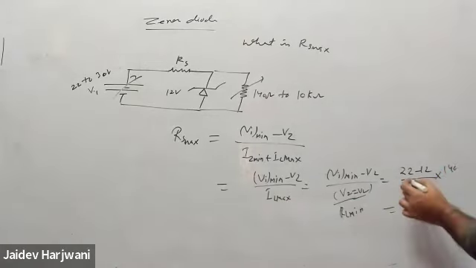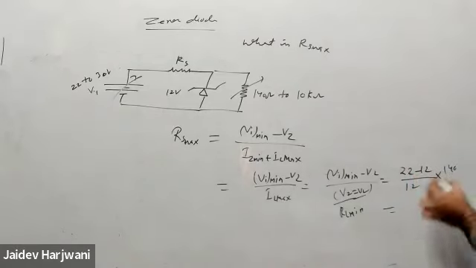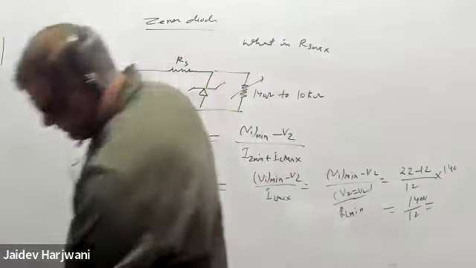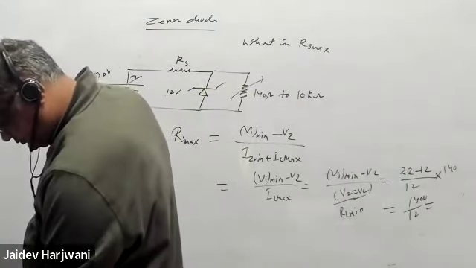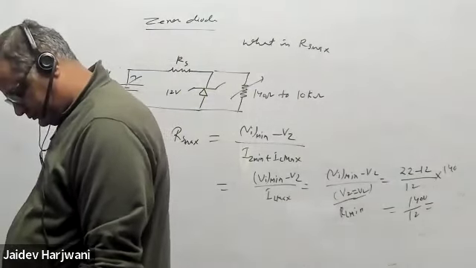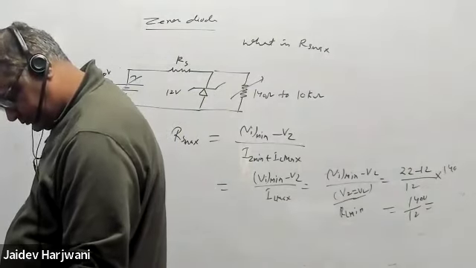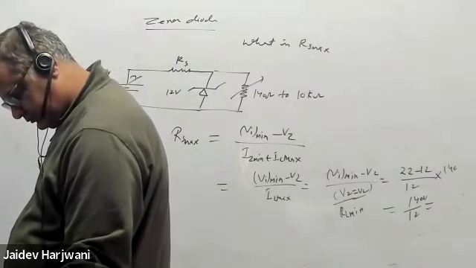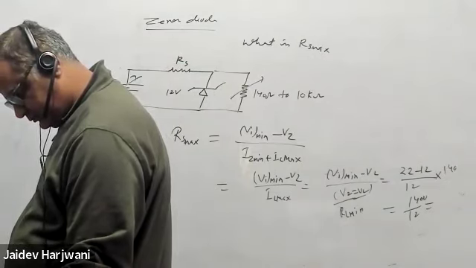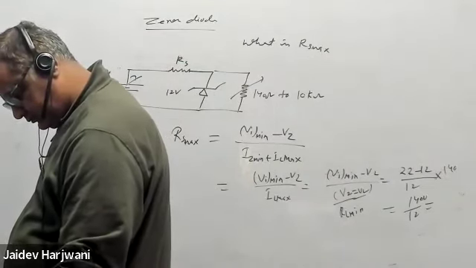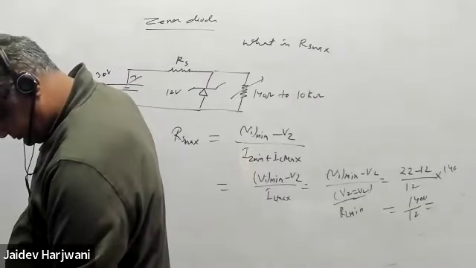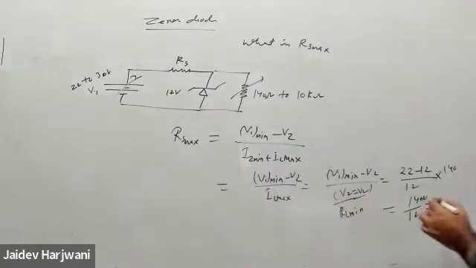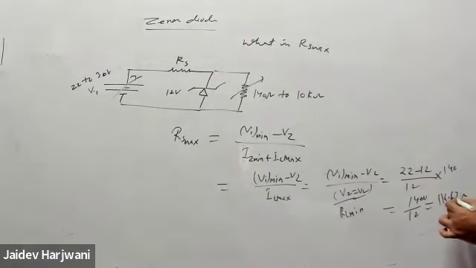So this will give you how much? 22 minus 12, and 140 upon 12. Tell me how much is coming. 116.67 ohm.